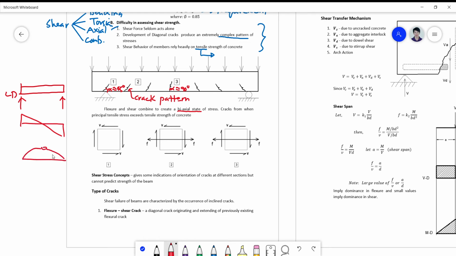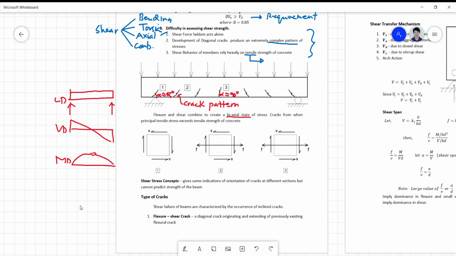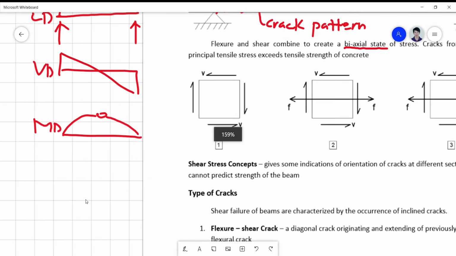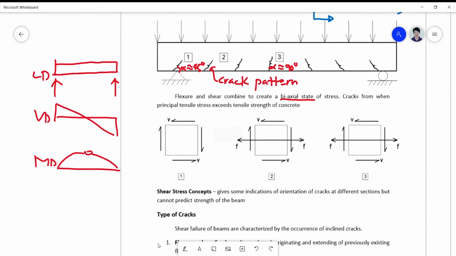We will notice that at this point, somewhere very near to the support, your crack pattern, which is at point 1, is given by this biaxial state of stress.